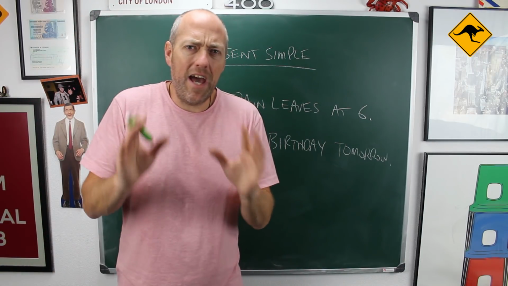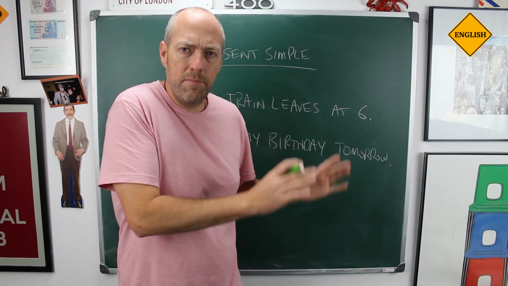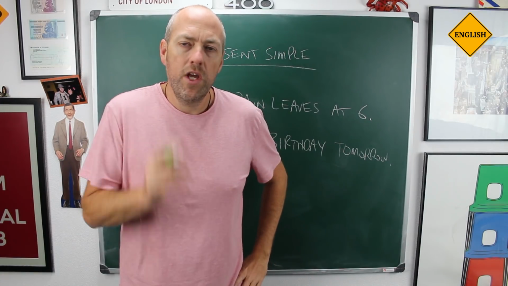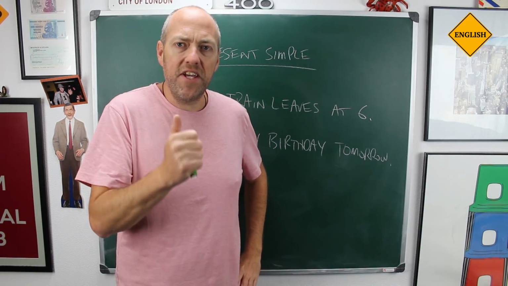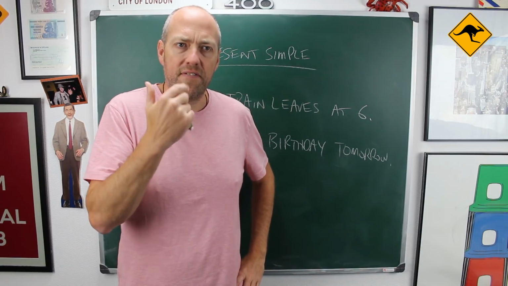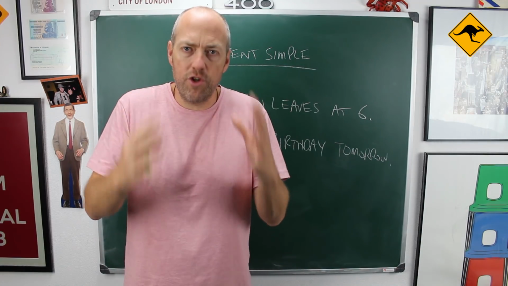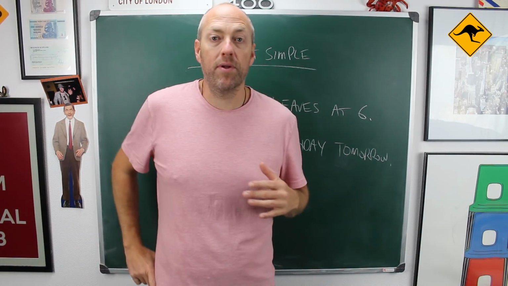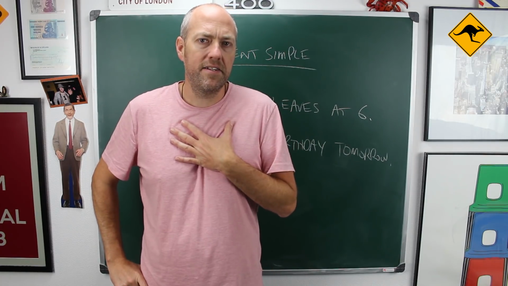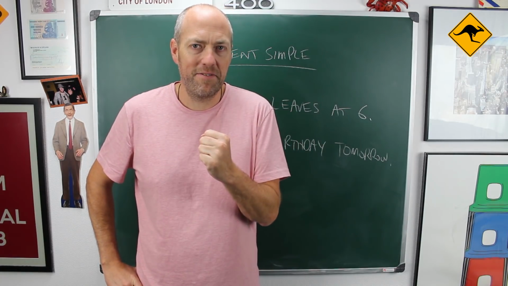Now, let's think about what we use the present simple for in English. We use it to talk about things that are true and facts, things that don't change. For example, I am Australian. I love pizza.